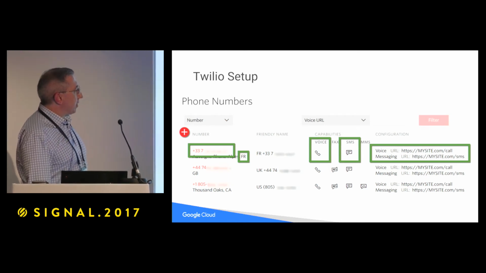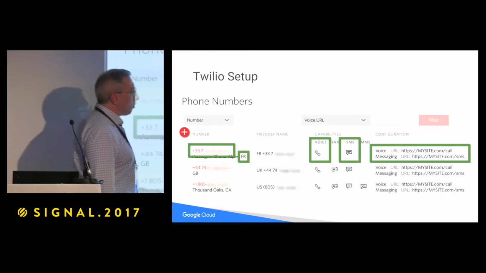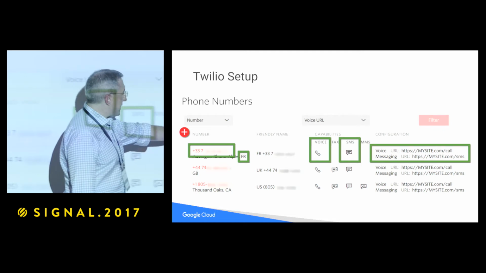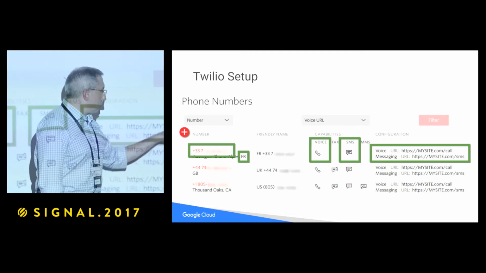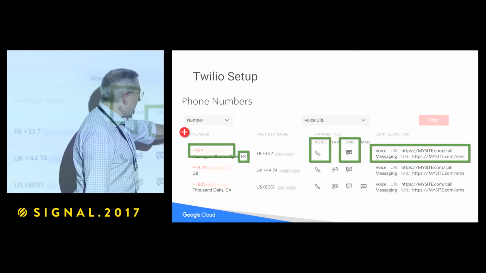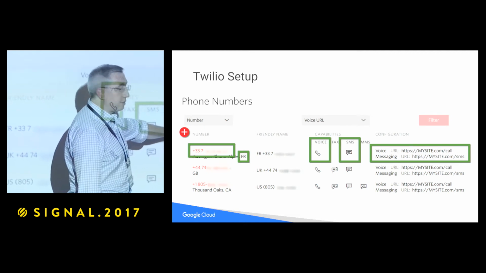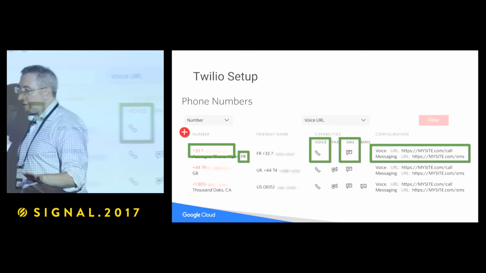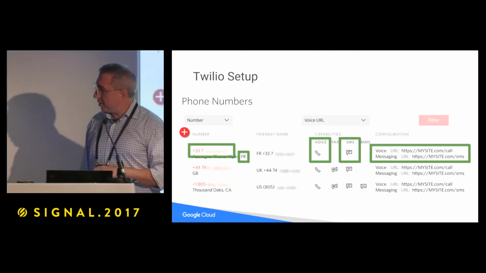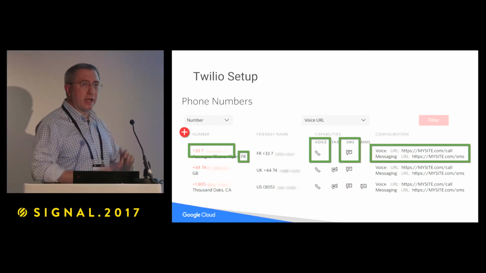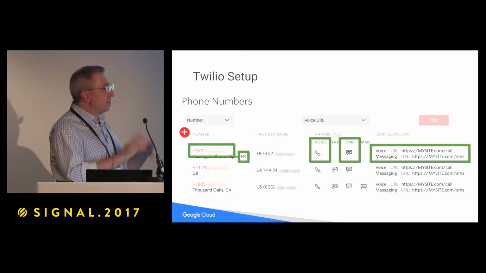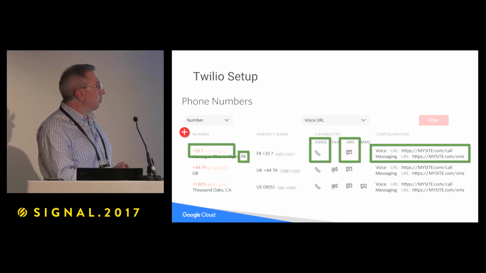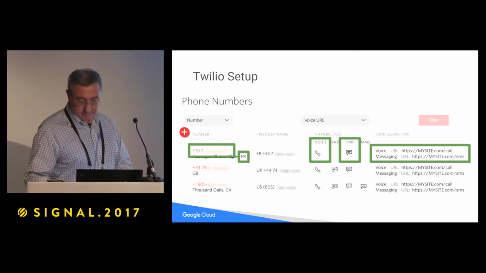The only thing then that I had to do was to set up an endpoint to my site for the call handling and the text handling, SMS. That's all I had to do. There was one more option: I had to enable the SMS throughout Europe, but that's it.